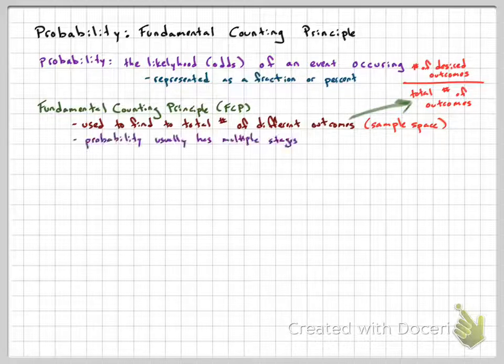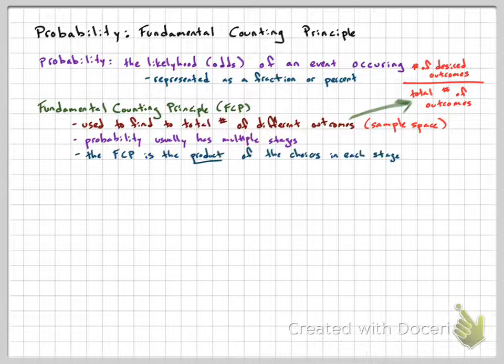Now, we're going to look at a really simple problem. The thing to understand is that probability is usually looked at in multiple stages. Yes, you can ask, what's the probability of rolling a 2 when you're rolling one single die. But we're going to be looking at probability regarding multiple stages, so multiple things happening, and the odds or probability of one singular event or multiple events with multiple stages.